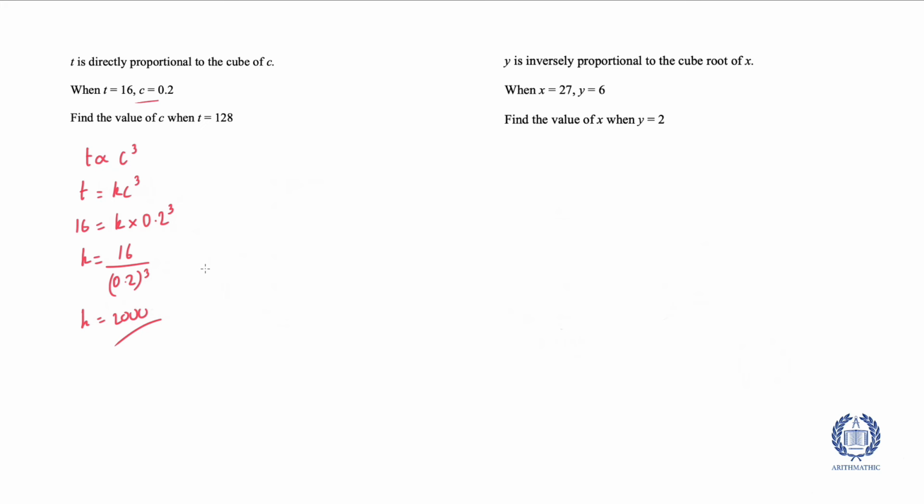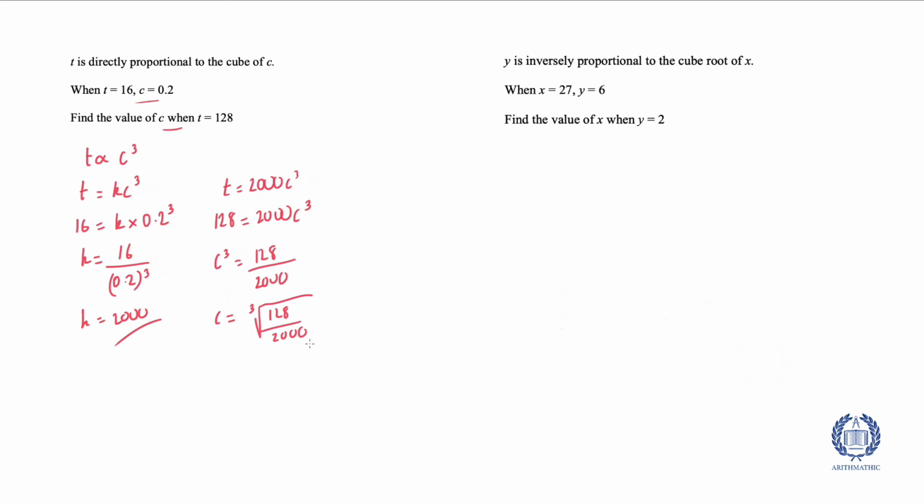Once you've got your K value, put that back into the equation. So T equals 2000 C cubed. And then we can find our value of C when T is 128. So if I put 128 here, 2000 and then C cubed, that means C cubed is equal to 128 divided by 2000. And then C is basically the cube root of whatever you get when you do 128 divided by 2000.